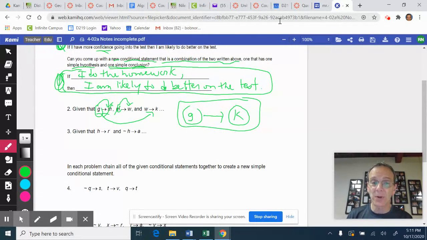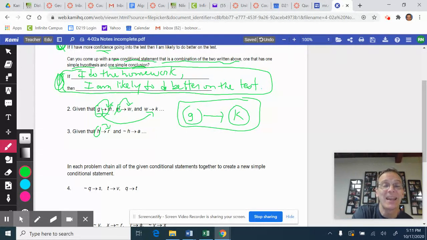Now, number 3 presents a couple of problems. Okay, and again, if we think of these as dominoes, and we say if we tip the H domino, the R domino falls. Well, the problem is that this next sentence does not tell us what happens if the R domino falls. It doesn't say anything about R. Right?